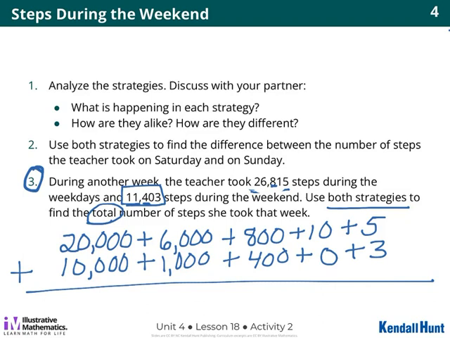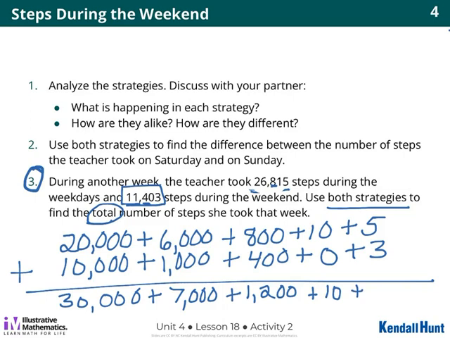So guys, what's 20,000 plus 10,000, everybody? 30,000. Plus, what's 6,000 plus 1,000? 7,000. What is 800 plus 400? What is 10 plus 0? 10.